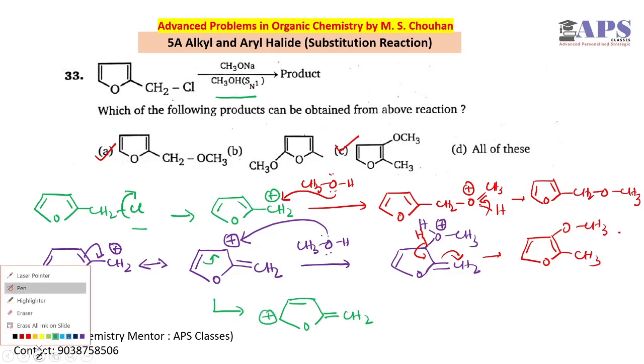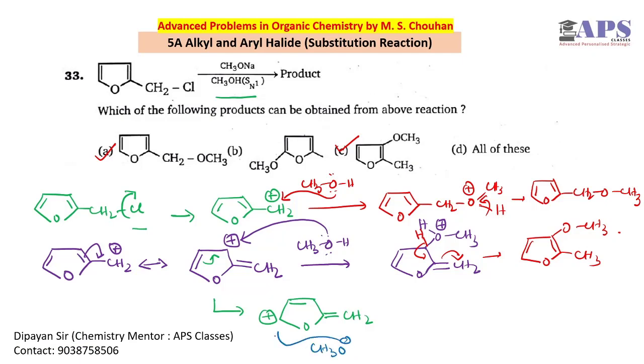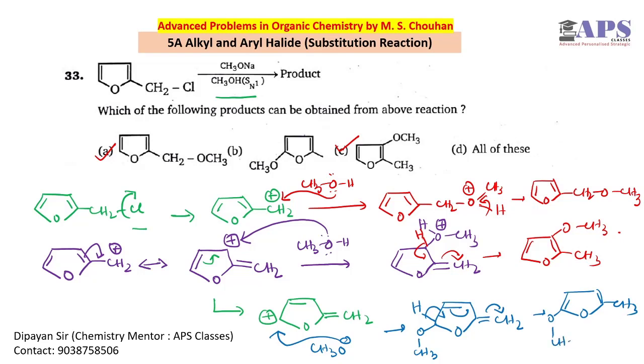Now again methanol or methoxide can approach in this position, and after regeneration of aromaticity we will get this kind of product. So this is our product B. So all of these will be our correct answer. This mechanism is very interesting and the question is very much important.